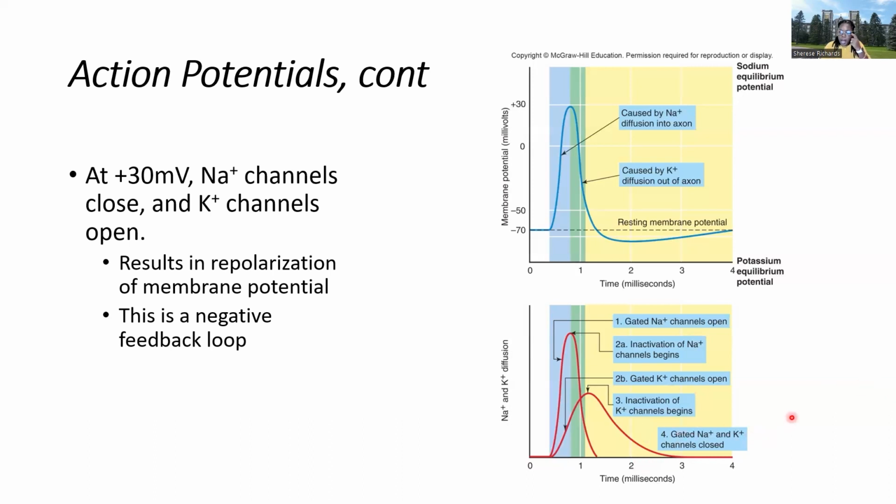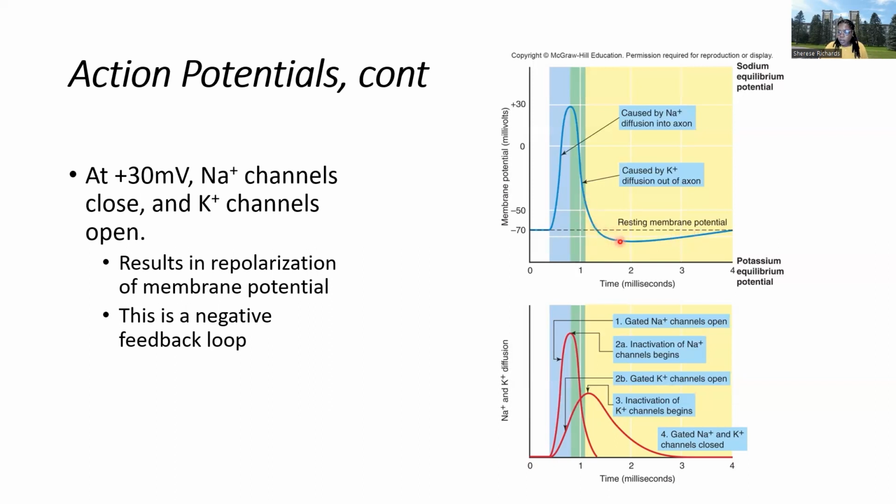Okay. As we get back down to our resting membrane value, there is an inactivation of the potassium channels. What that means is that potassium is no longer able to move. So the membrane potential gets more negative. We overshoot. If you look at this graph up here, we don't go just to negative 70.